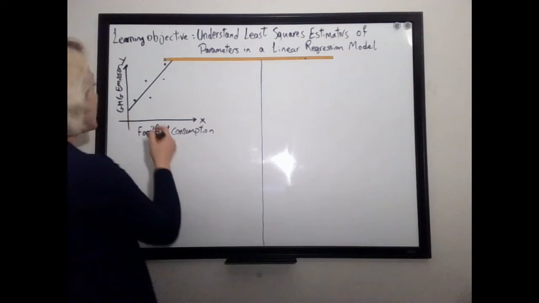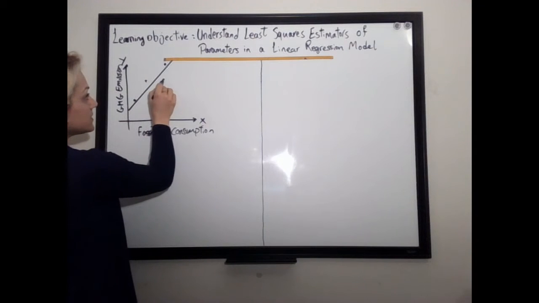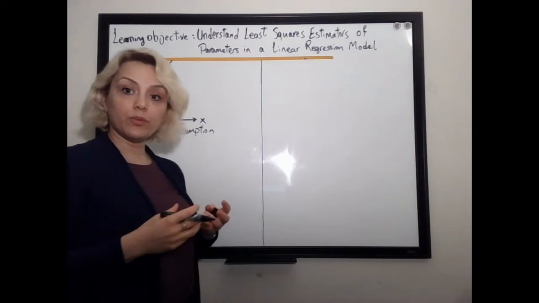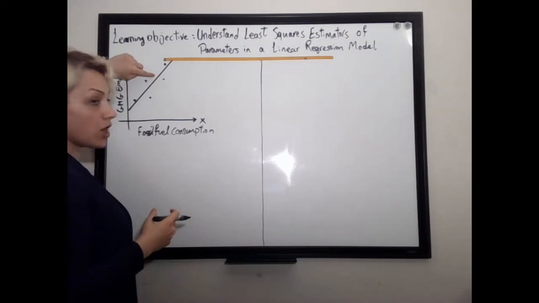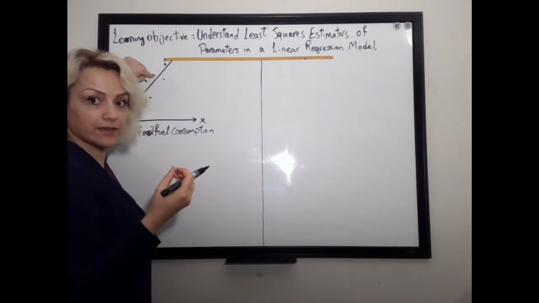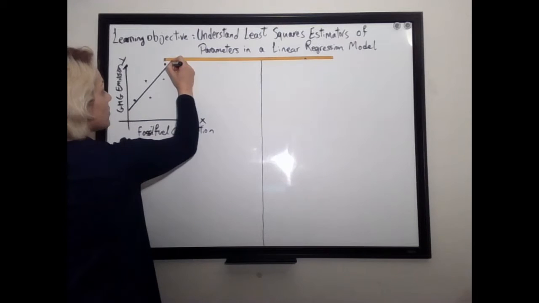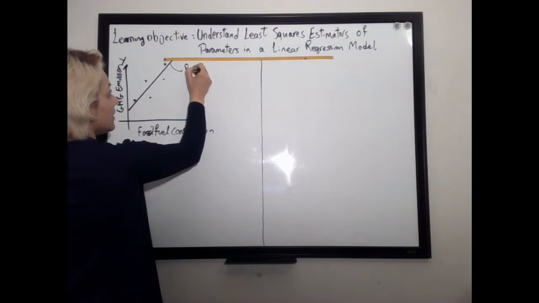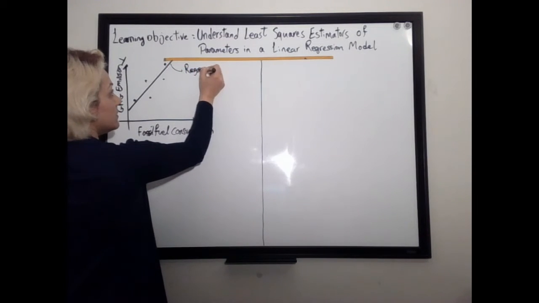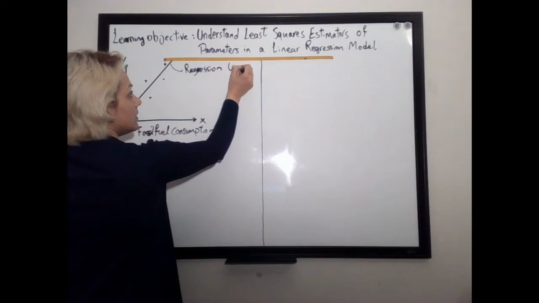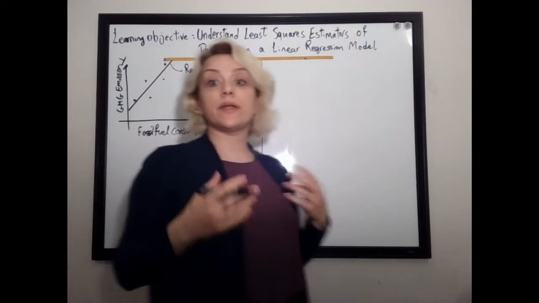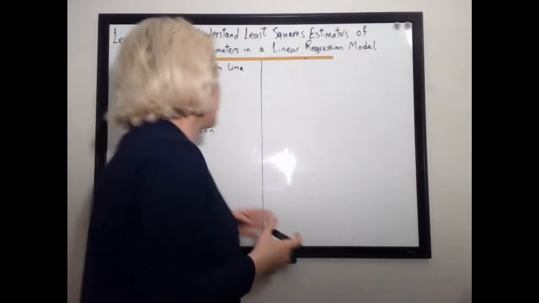All of these points are our data points, and whatever you get on this line is going to be your predicted value. So we call this the regression line, which gives us the predicted values that we would have.